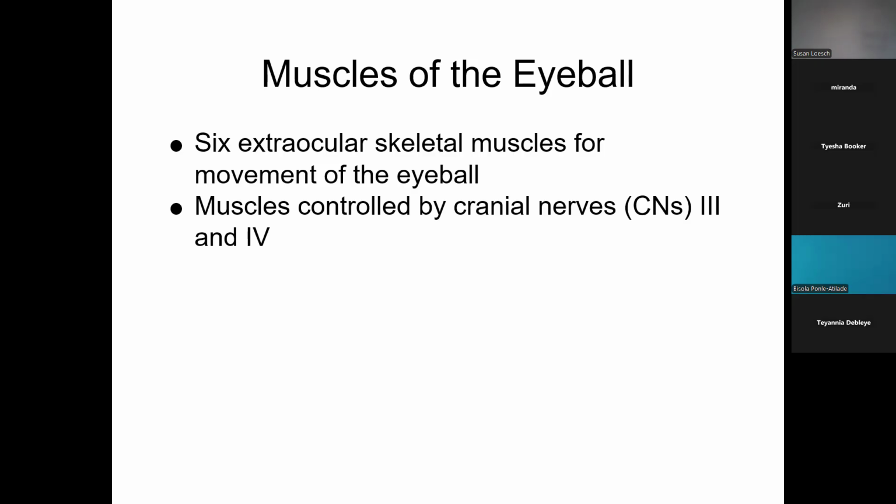You might have learned that when you were in PN school, if you remember it. There are four straight rectus muscles and two oblique muscles, and these coordinate and move the eye and rotate the eye, and they're under control of cranial nerves 3, 4, and 6.